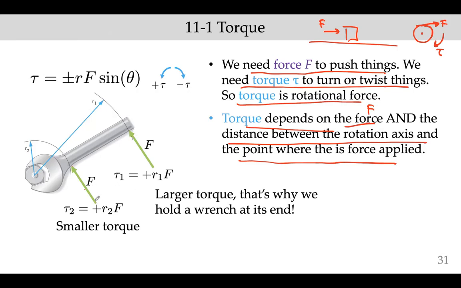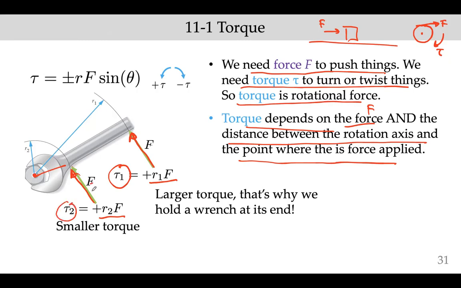If you apply a force here, the torque that this force creates would be the distance from this point to here. So it's R2 times F. But if you apply the same force at the end of the wrench, this distance is R1, so it will be R1 times F. So this torque here is greater than this torque.